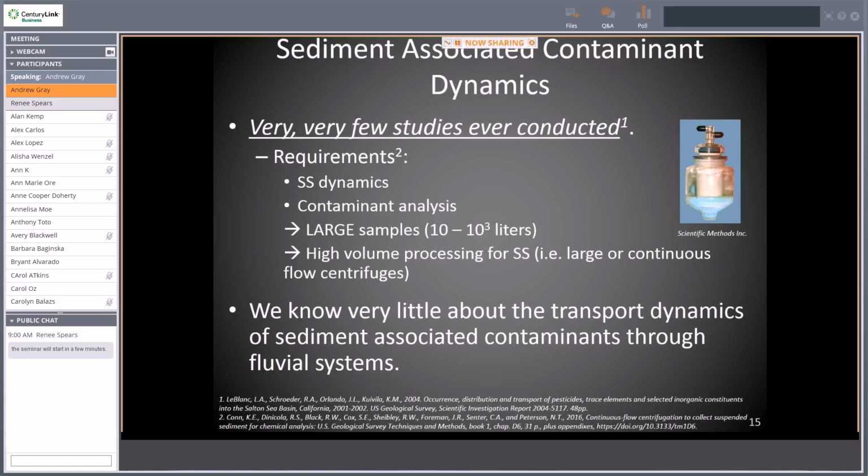And the USGS is one of the only players out there who's done a fair bit of this work, along with a couple of other academics. And they've published some really nice guidelines on this just recently, back in last year. So as a result, we know very little about the transport dynamics of sediment-associated contaminants.